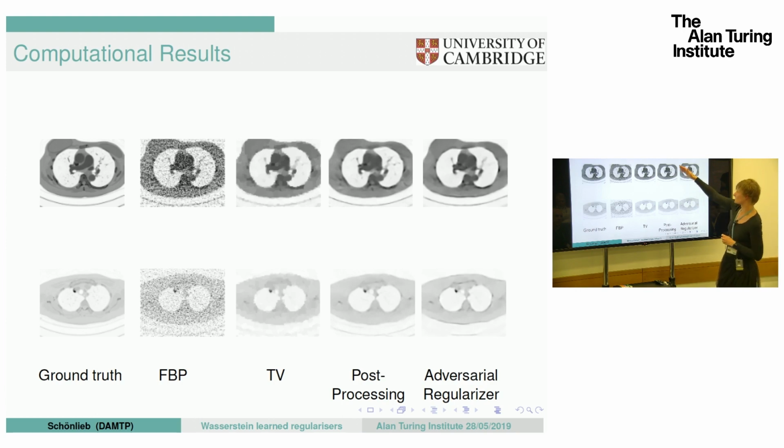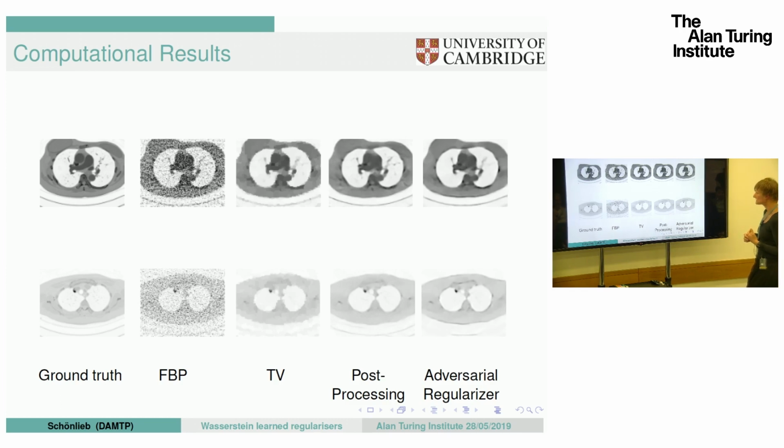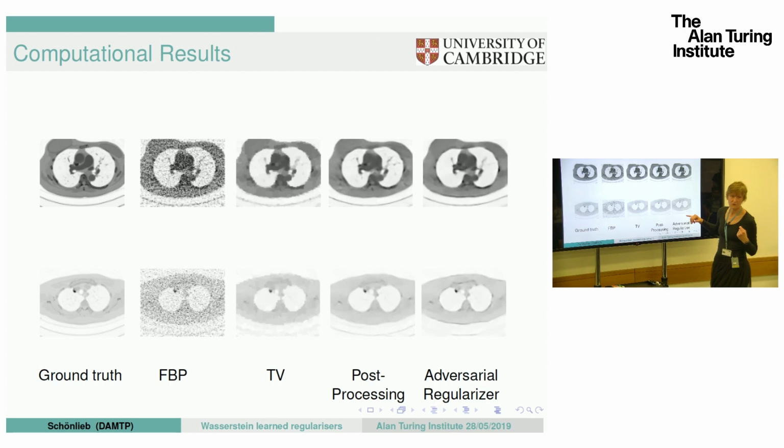So we call it adversarial regularizer because it's trained in this adversarial fashion, right? So with PN and PR. This is what you get with the adversarial regularizer. So before I go to the next slide, it's hard actually to see anything really significant here.